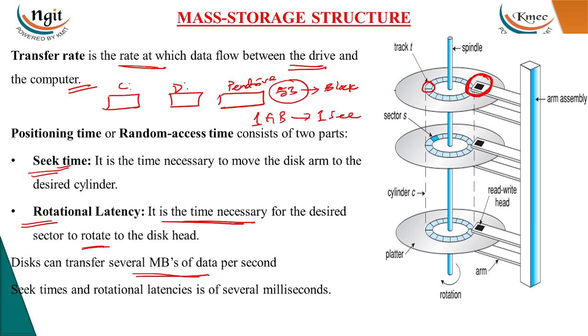Some 40 MB or 30 MB or 20 MB or 10 MB of data per second is transferred. So the transfer rate will be 20, 30, 40 MB per second. And seek time and rotational latencies are measured in several milliseconds.